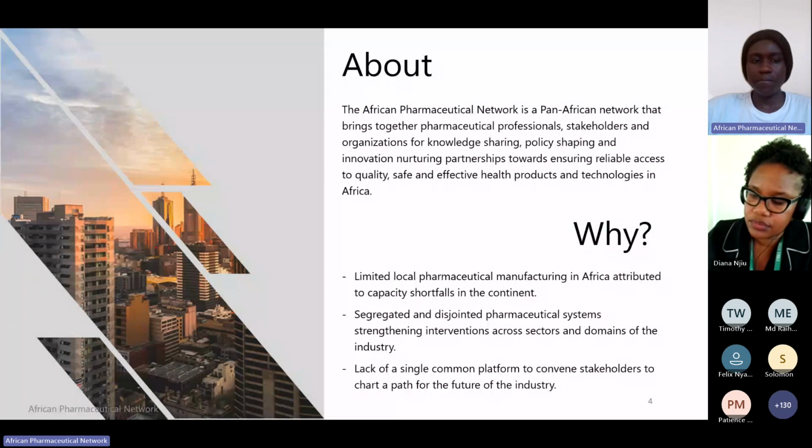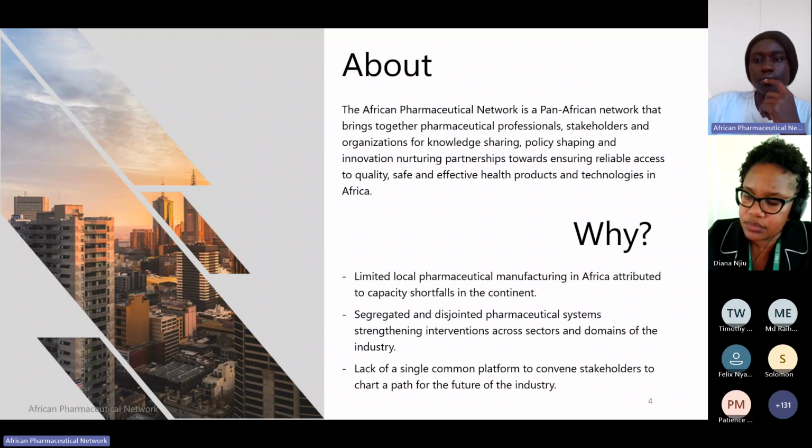We asked ourselves, what are the low-hanging fruits that we can easily implement that will have immediate impact while leveraging the existing resources that we have? That is actually one of the reasons why we are gathered here today, because if you look at the registration of medicines, other than the national registration route available in our individual countries, there are alternative routes that we may not be exploring at the moment.